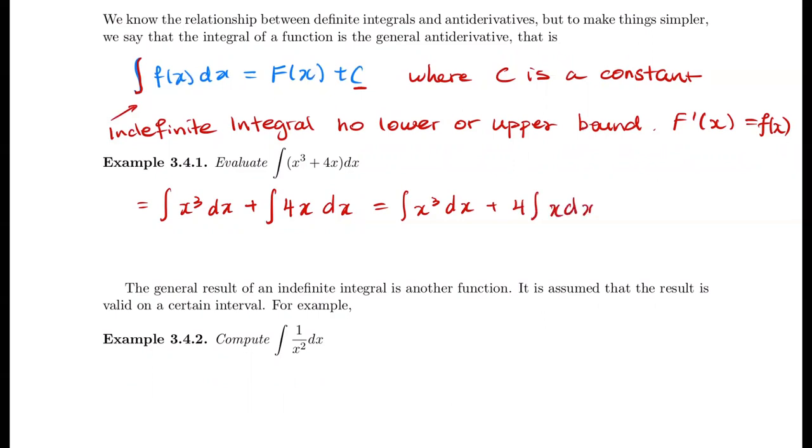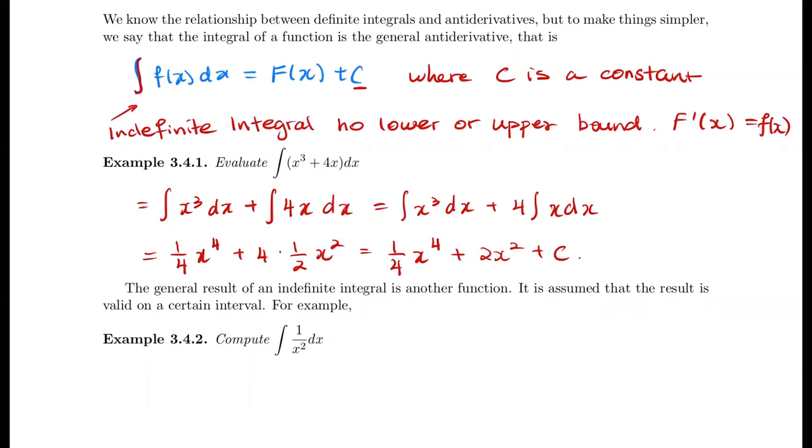And then we could evaluate this right away. So for the first one, we would just have a quarter x to the power 4. And for the second one, we would have 4 times 1/2 times x squared. Once we simplify things a little, we would just get a quarter x to the fourth plus 2x squared, and then this is going to be plus c.